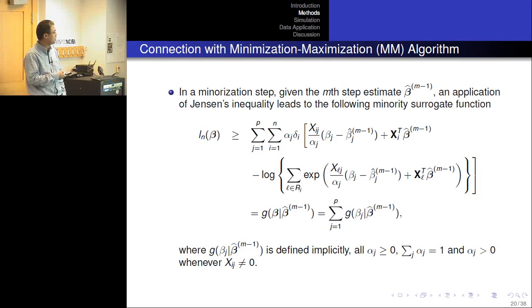Because our original log partial likelihood is a concave function, through Jensen's inequality we can find a lower bound for our original function. That's why at each step, instead of working on our original objective function, we work on those component-wise likelihood functions. The idea is similar to coordinate descent. That's why, for example, the boosting algorithm works.